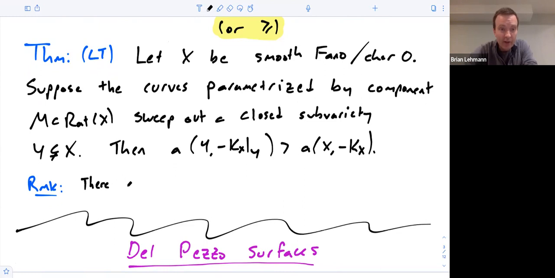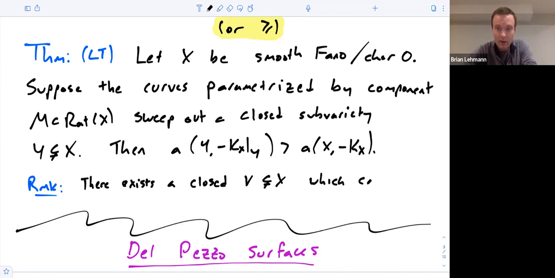So let me add as a remark, in fact, it turns out there exists a closed subvariety, V, properly contained in X, which contains all such subvarieties Y. So this is a result of Hacon and Jiang.